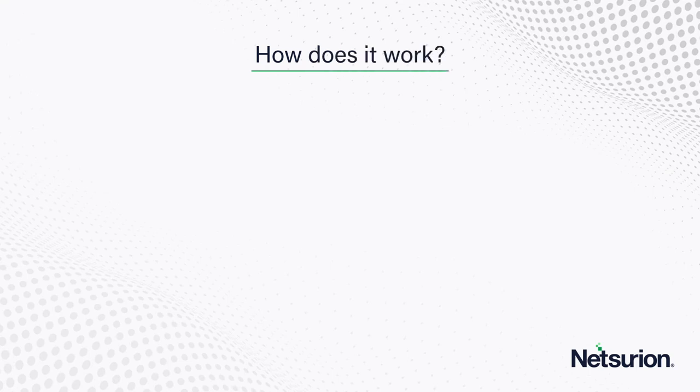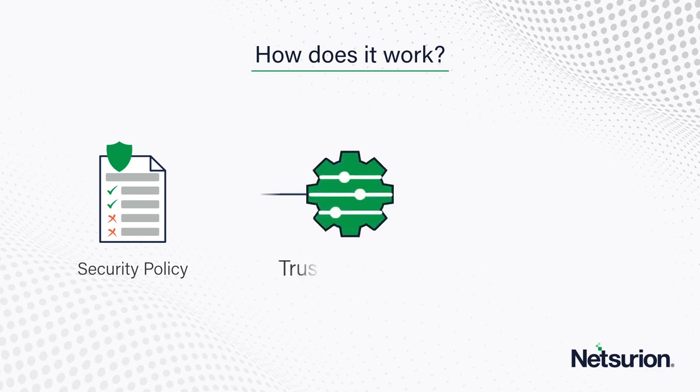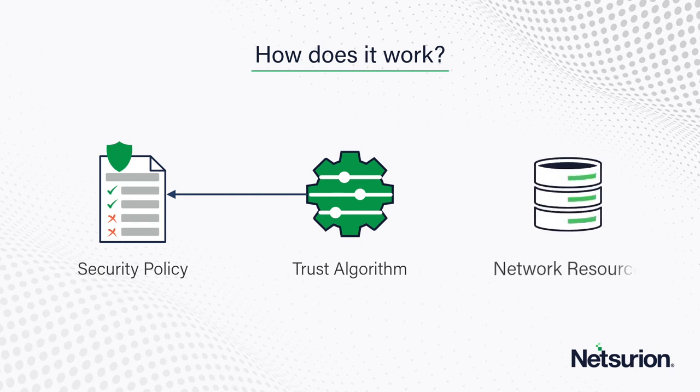So how does this really work? Well, the way it works is by using a security policy which you define, which gets applied by a trust algorithm, which will ultimately grant or deny access to a resource by either a user or a device.